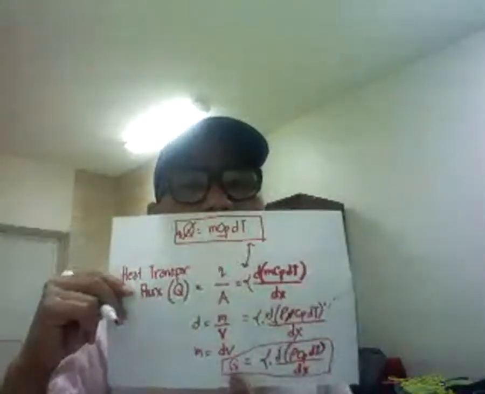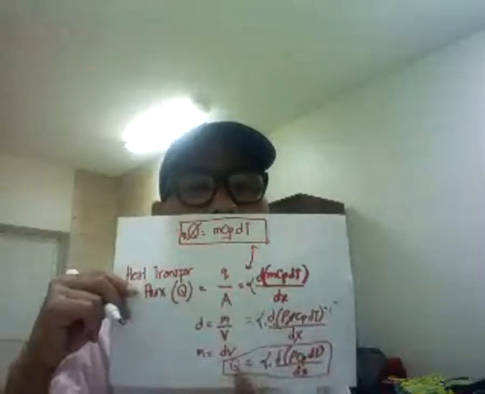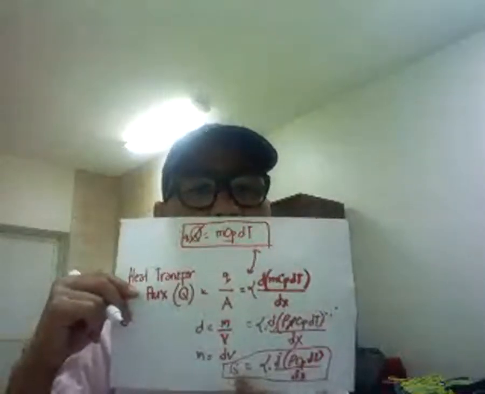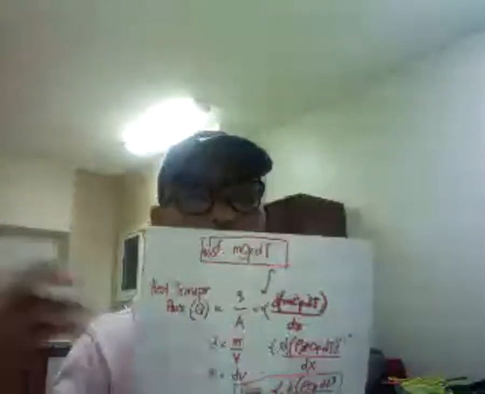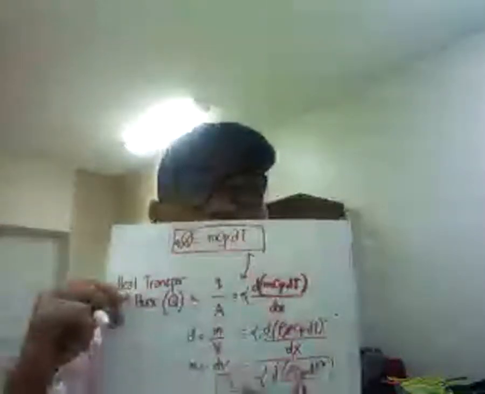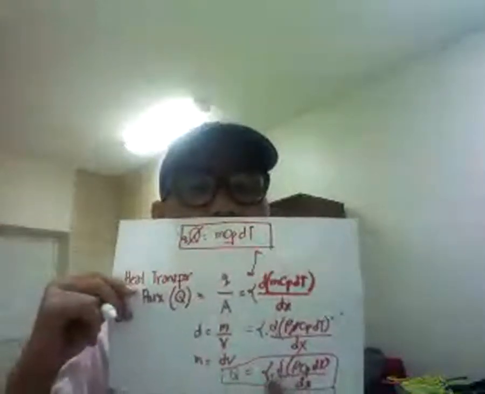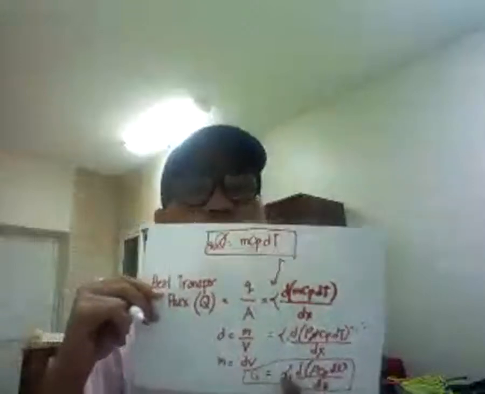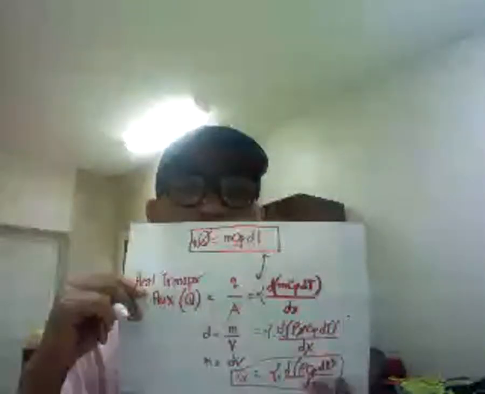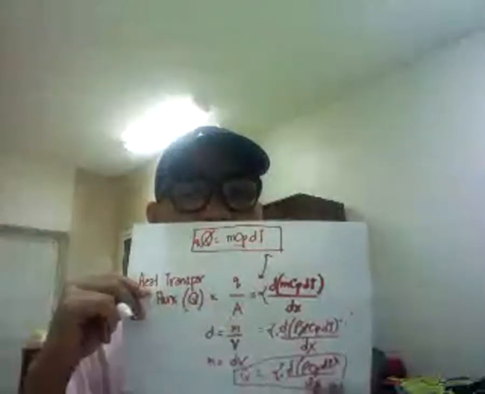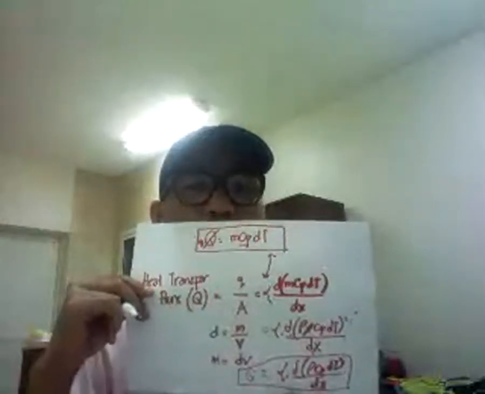Heat flux, capital Q, is equal to heat flux or heat transfer flux. It's just the same. You could say heat flux or heat transfer flux. Don't be confused, it's just the same thing. Q is equal to heat transfer diffusivity. You should remember the one you will multiply with this, the change of the rate of heat transfer, is always the diffusivity.